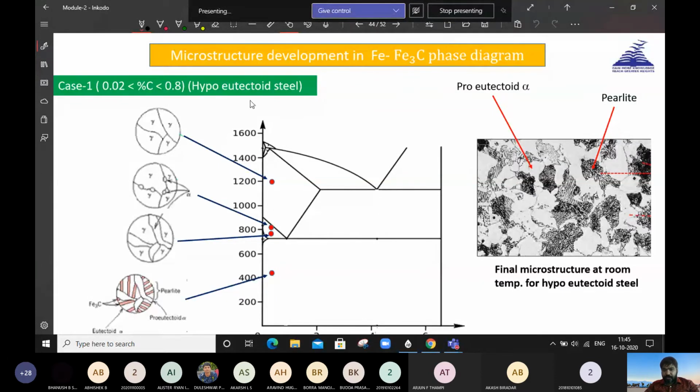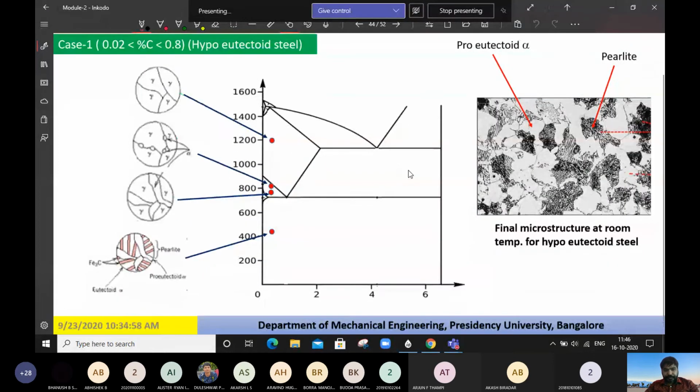So in today's class, rather than using this PPT, I am just trying to make you understand using the blank slide so that you can get the idea. Then once you get the idea, I will discuss these things in detail. So let me take a blank slide.